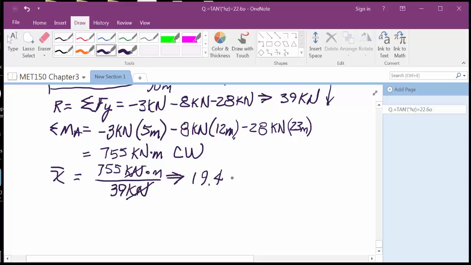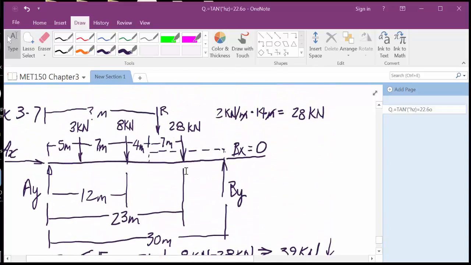Since I don't have my calculator, meters. So that translates into this reaction force right here ends up being 755 kilonewton meter. Now wait a minute, I'm sorry, 39.